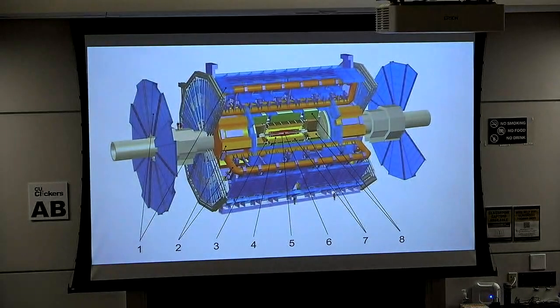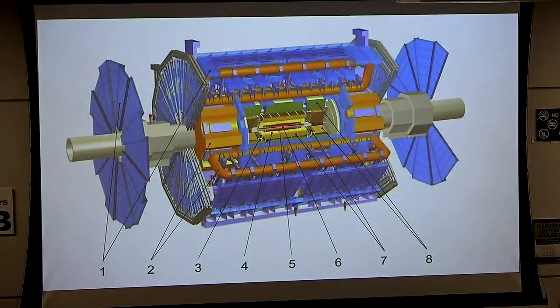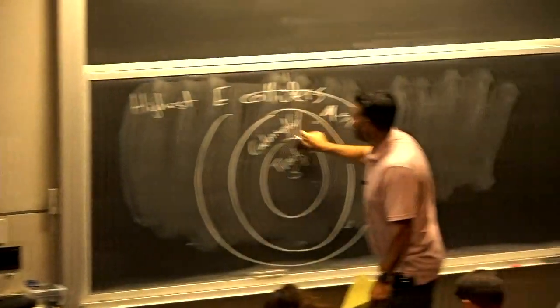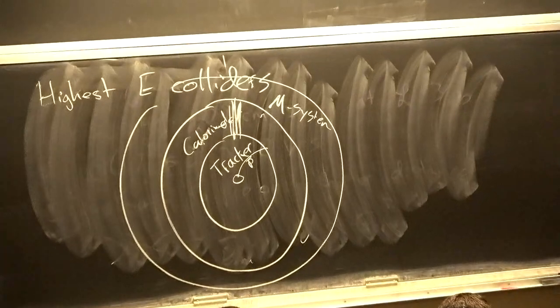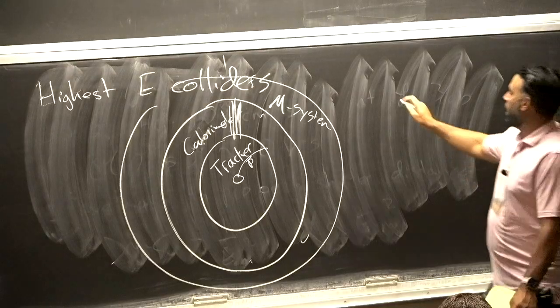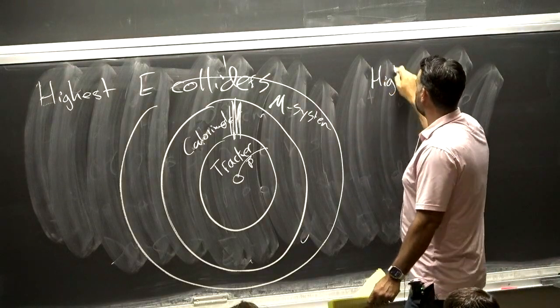But now let's think about this just from the purely theory level of if I had a higher and higher energy collider, what does it do to us? So the two things we want to do are to measure the momentum of tracks in the tracker by bending them with the magnetic field, and we want to capture the energy with the calorimeter. So if I keep increasing the energy of my colliders and going to higher and higher energy, well, I've got two problems. I have higher energy deposition.